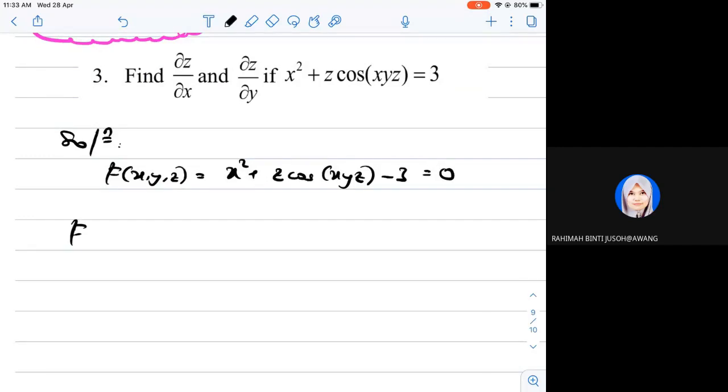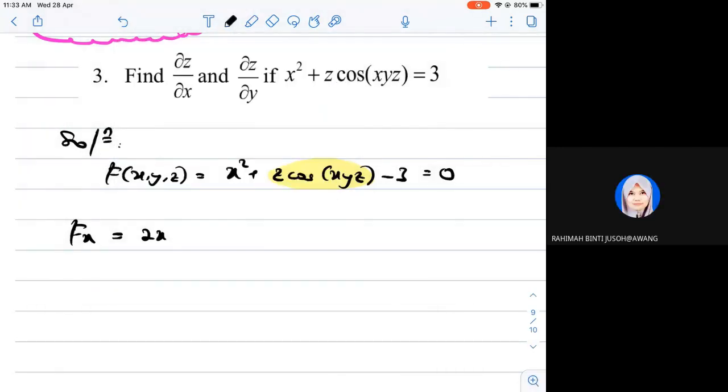So carilah fx. Differentiate terhadap x, you all akan dapat 2x. Okay, now second term tu perlu guna product rule tak? Perlu tak perlu? Tak perlu, yes, no need.